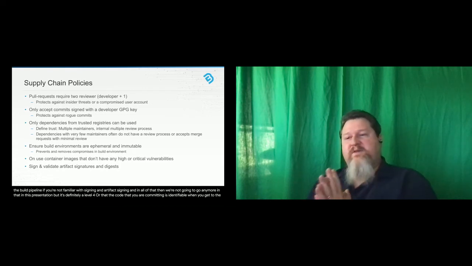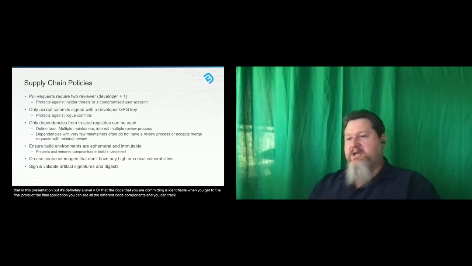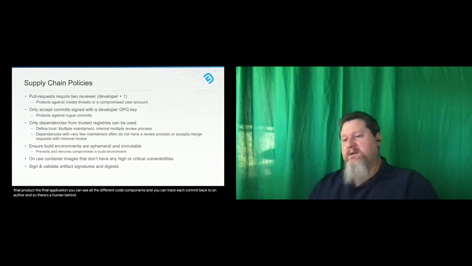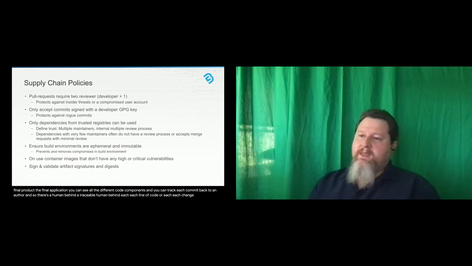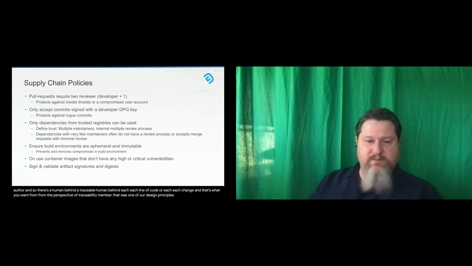When you get to the final product, the final application, you can see all the different code components, and you can track each commit back to an author. And so there's a traceable human behind each line of code or each change, and that's what you want from the perspective of traceability. Remember, that was one of our design principles that we started with.